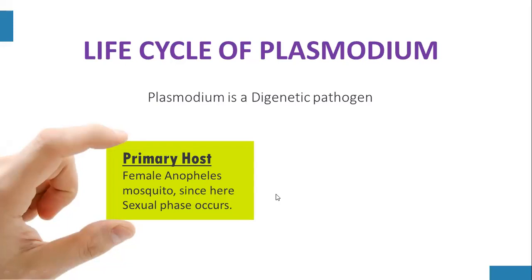Whenever you see the Plasmodium life cycle, the gamete preparation, the fertilization and zygote formation, and the young one development, everything happens inside the stomach wall of the female Anopheles mosquito. Since the sexual phase occurs here, we regard the female Anopheles mosquito as the primary host.